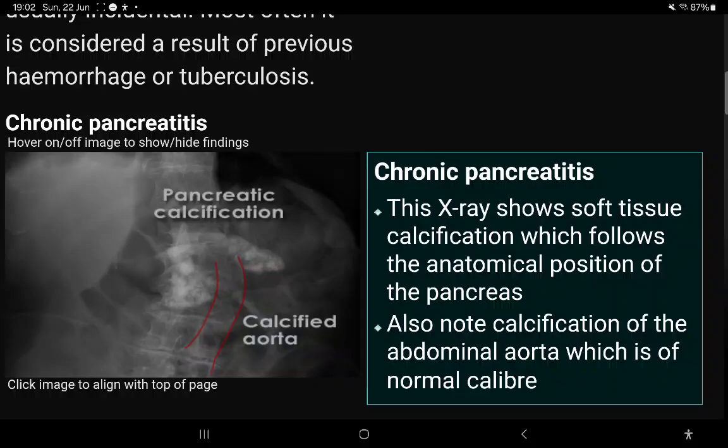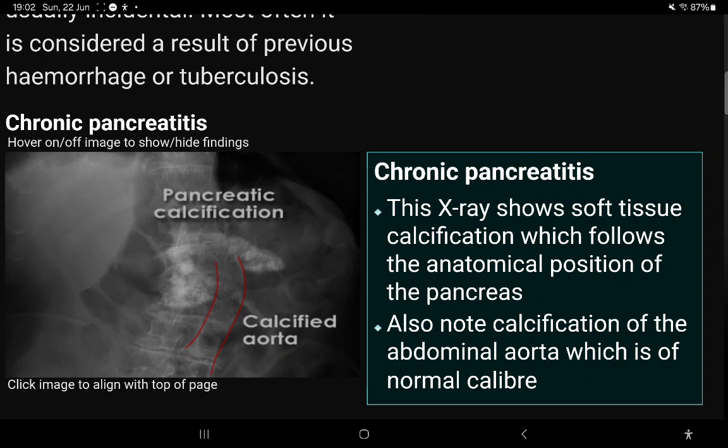Here we have an image with pancreatic calcification, drawing the shape of the pancreas. Chronic pancreatitis: this X-ray shows soft tissue calcification which follows the anatomical position of the pancreas. Also note calcification of the abdominal aorta, which is of normal caliber.